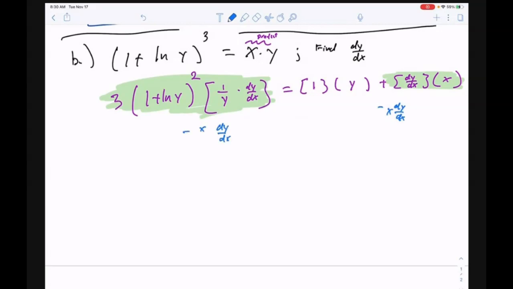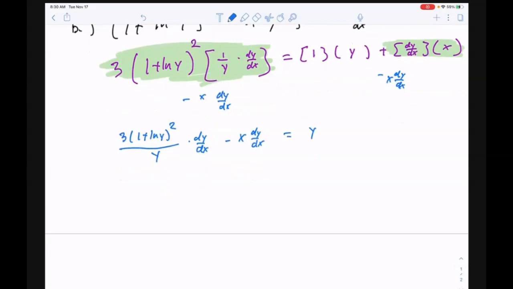So when I clean up the other part, I get 3 times parentheses 1 plus natural log y, squared, over y, times dy/dx, minus x dy/dx, equals y. I know my answer is going to look a little funky, but it's fine.